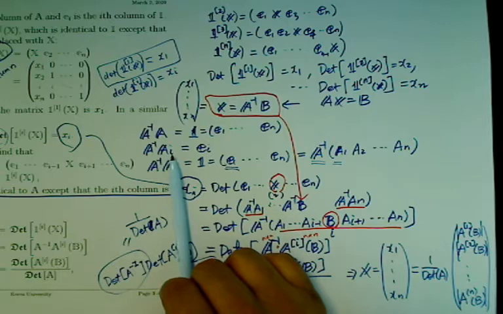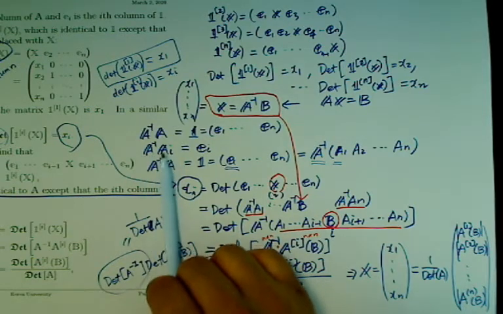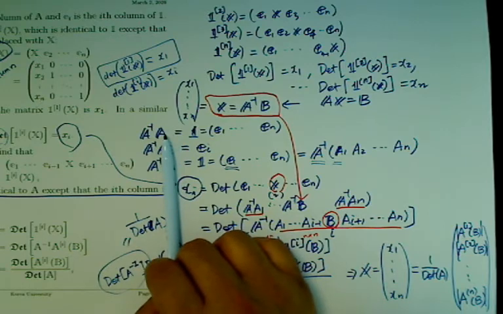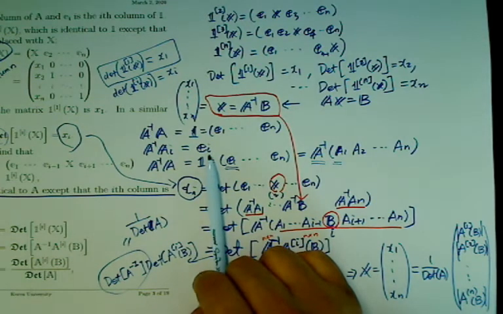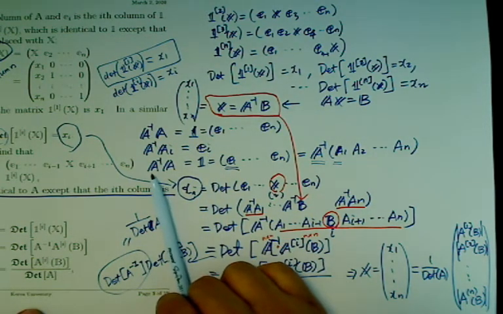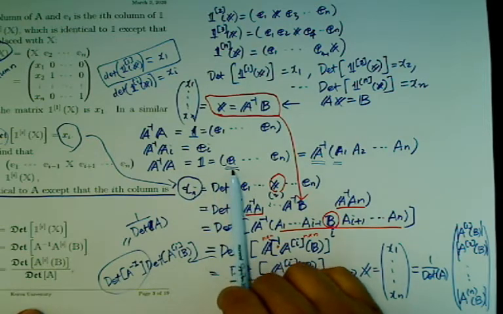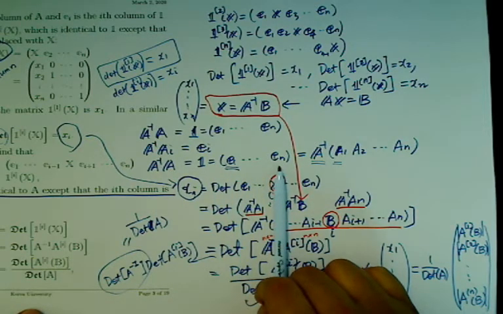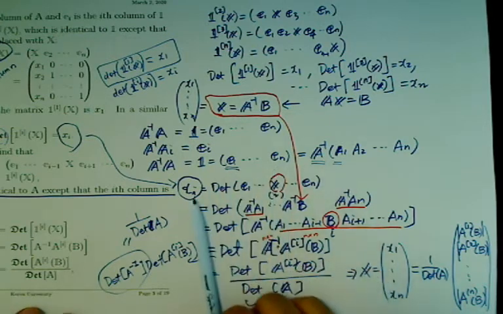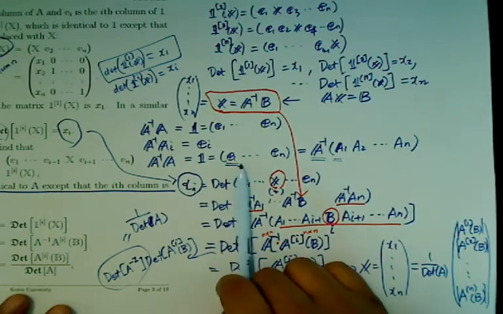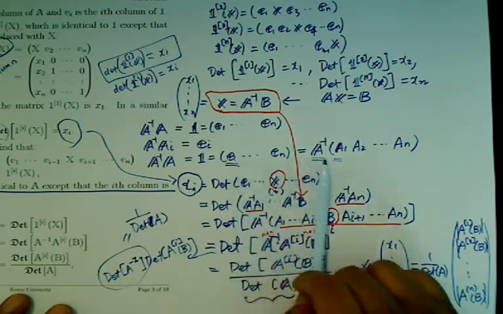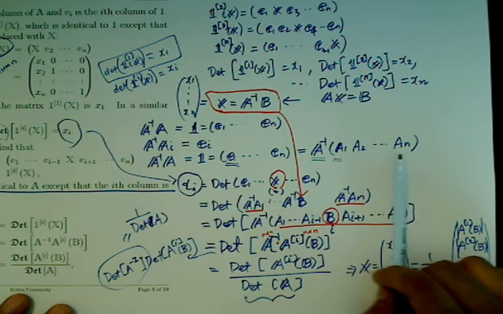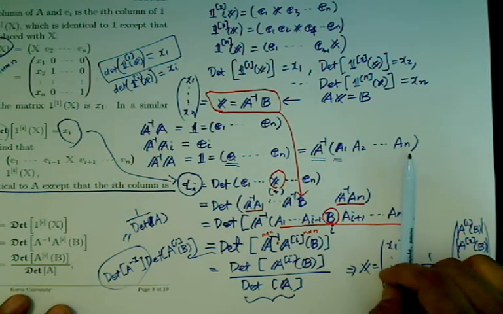The ith column of this matrix is just A inverse multiplied by the ith column of matrix A. And the ith column of the identity matrix is ei. Therefore, let me write it this way: A inverse A is identity, that is a list of ei's. And then A inverse multiplied by the first column is A1, A2, and An.